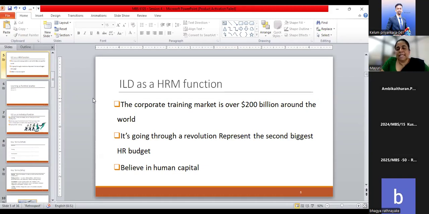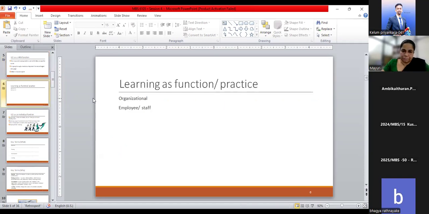So in human capital, we believe individuals are able to push their limits unlimitedly through learning and development or through education. Believing in that concept, we offer learning and development for employees with the expectation that they will continuously upgrade their skills, right? So that's from the organizational perspective.